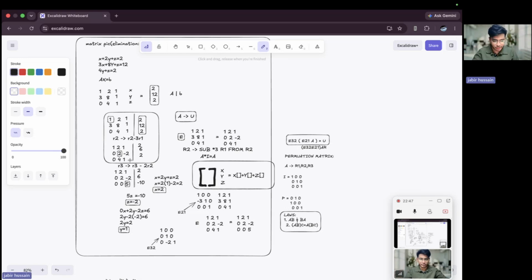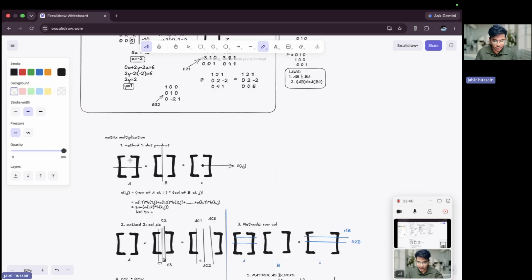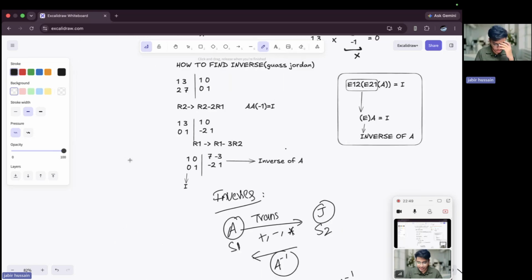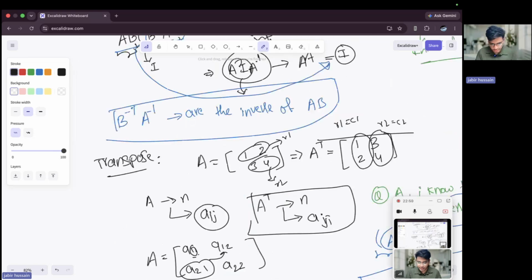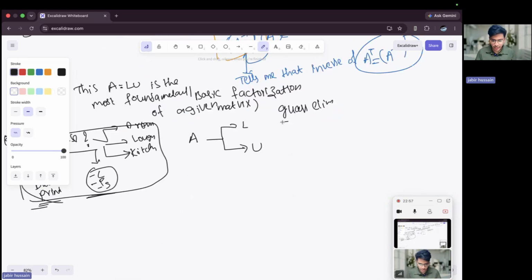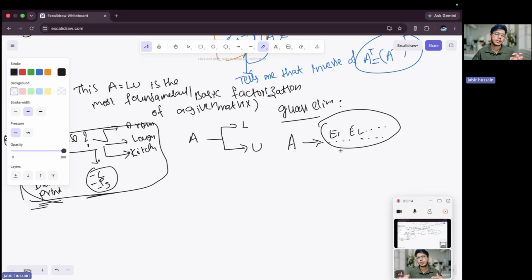Let's go to our Gaussian elimination. We take a matrix A and we keep on doing elimination steps, E1, E2, whatever. You keep on doing the process of elimination until and unless you get U. And what is U?